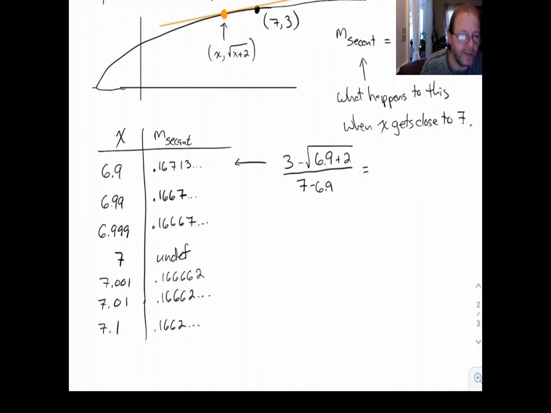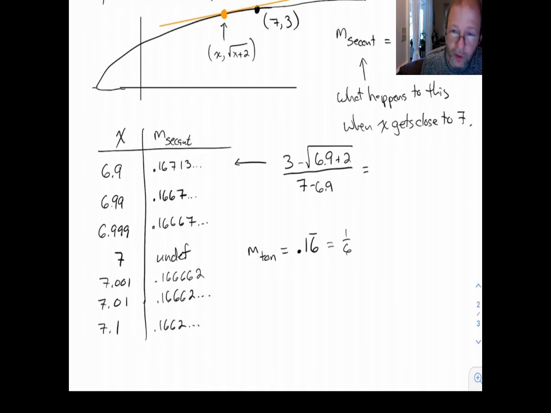Right, so I did that stuff while I had the video paused, and now if we look at this, it looks like this is approaching a 0.1 followed by repeating 6s, and that is the decimal version of 1/6.